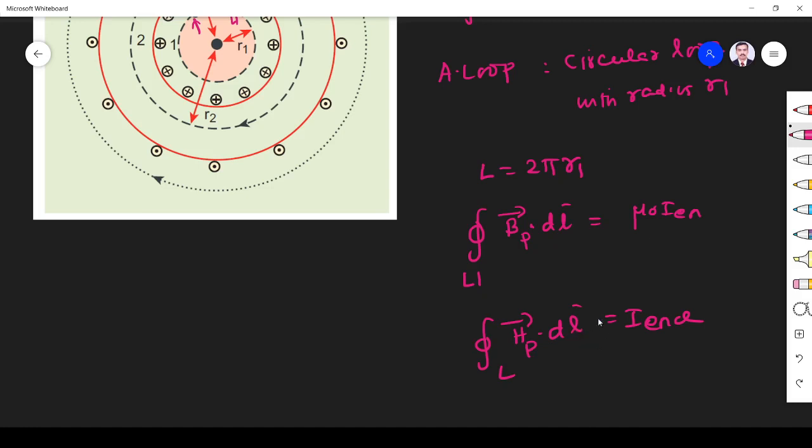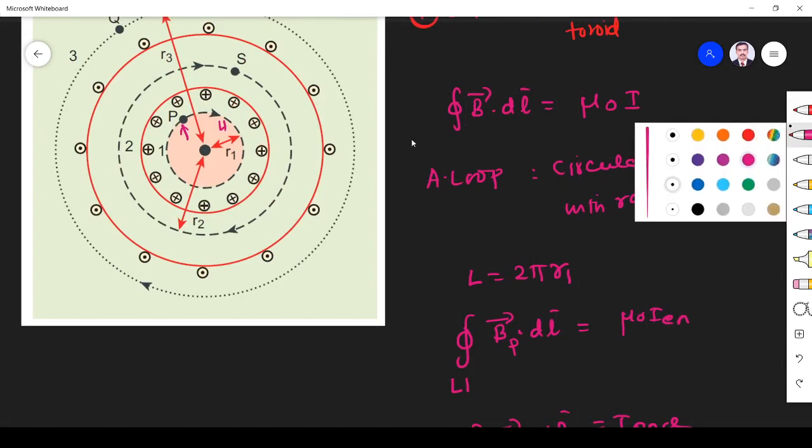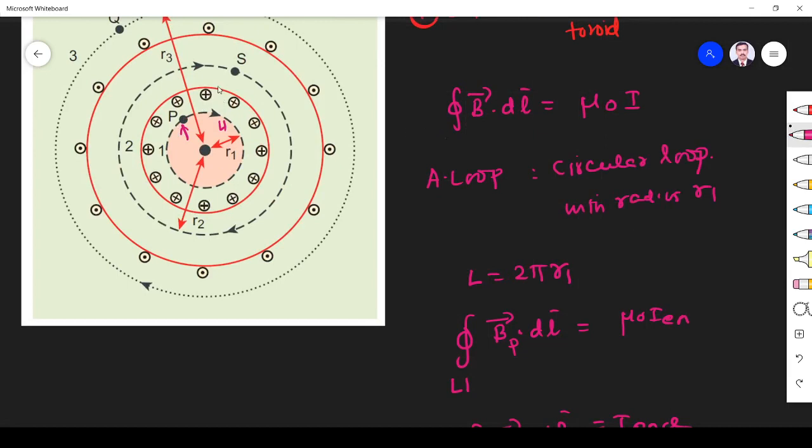Here you see what current this loop encloses. The loop doesn't enclose any current because the loop is inside, but current flows through this region and this region. There is no current enclosed. Here the current is going inside; a cross indicates current goes inside.